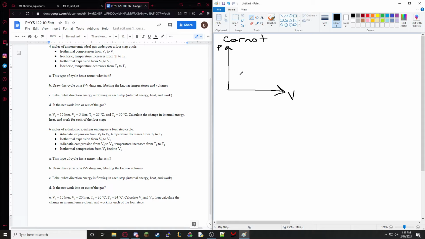And same thing as before, we want to know which direction internal energy, heat, and work are traveling for each step of the process. So 1, 2, 3, 4, delta U, work, and heat flow. So we want to know if it's 0, positive, or negative for each step, and draw it on the PV diagram. I think like 5 minutes, so we'll go over it.